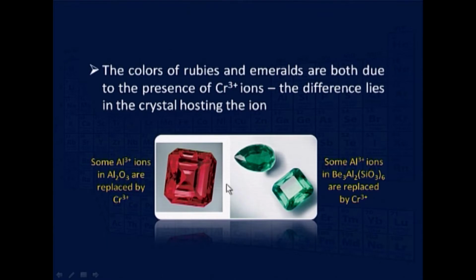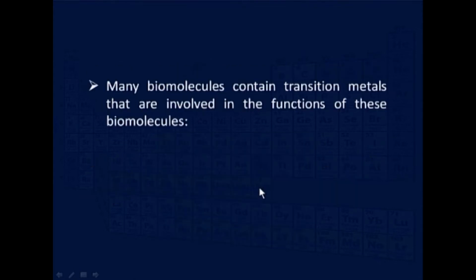Similarly, in emeralds, some of the aluminum ion in the structure is replaced by the chromium ion to give this beautiful green color. Although chromium ion is present in both these gemstones, the structure or the geometry of the chromium ion is different, giving the red color to one and the green color to the other.